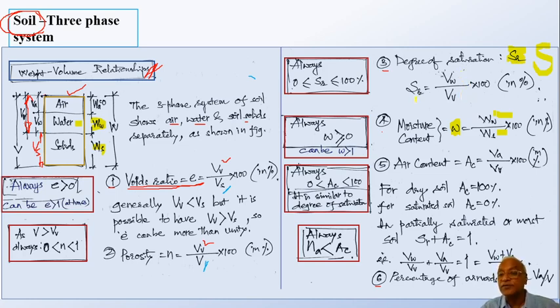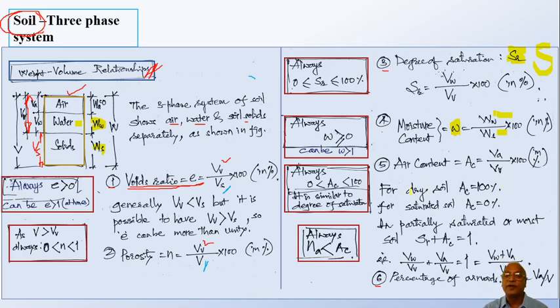Volume of air to volume of voids is known as air content.